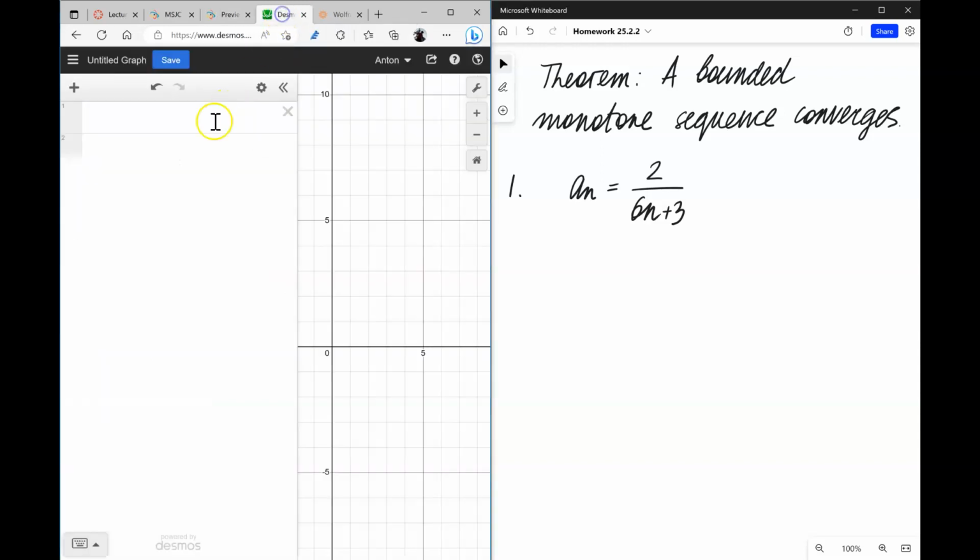What do we know right away about this sequence is that it's definitely positive, so it's bounded below, and whether it's bounded above or not, that's the question. But it seems like as n increases, things just get smaller and smaller, so it is fair to say that it's bounded above by 1.